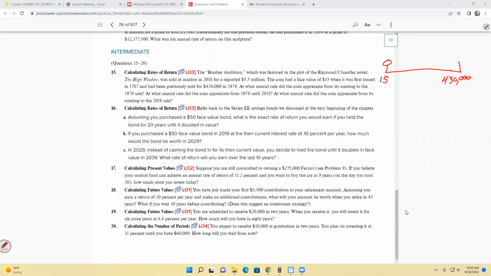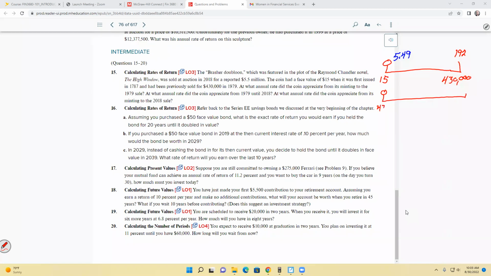192 years, right? So what rate did the coin appreciate? 5.49, okay. All right, very good. Then it said, at what rate did it appreciate from 1979 to 2018?